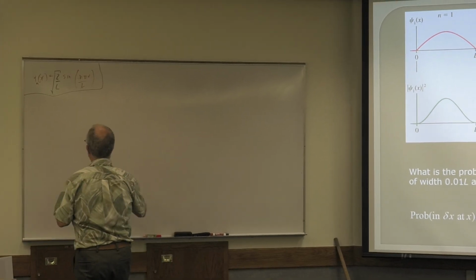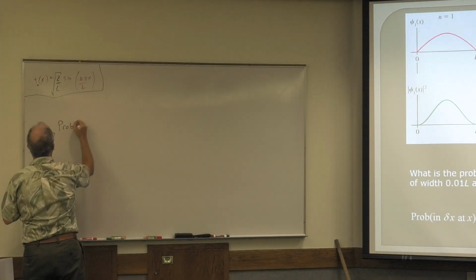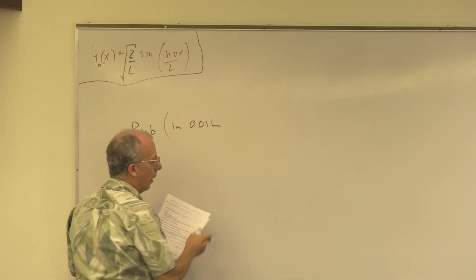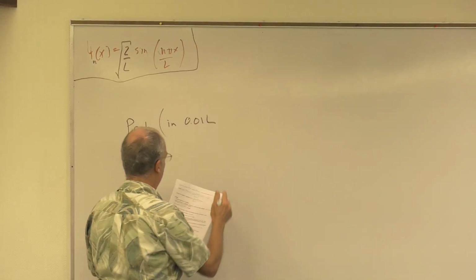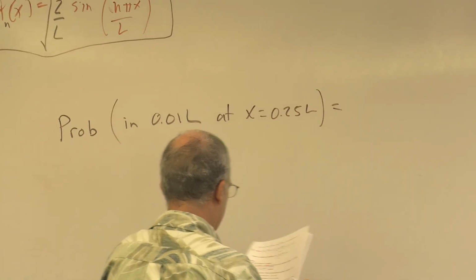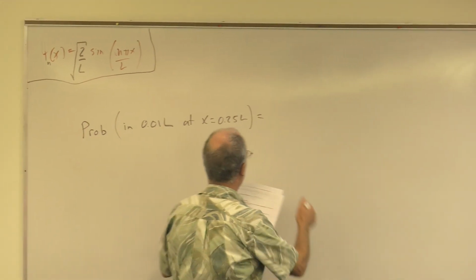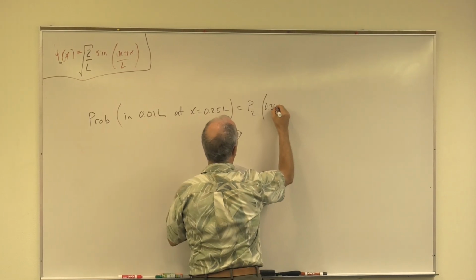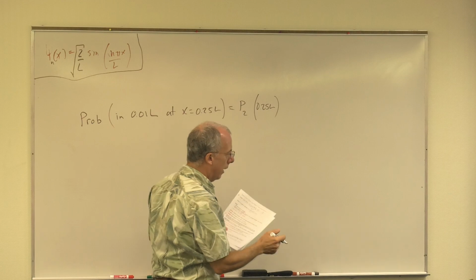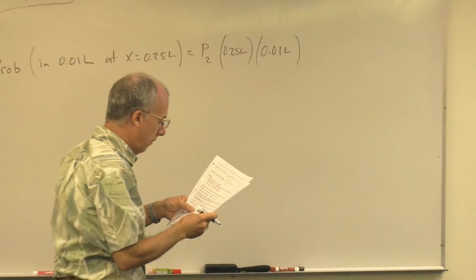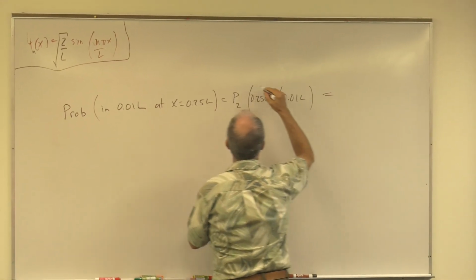So what we want is the probability that the particle lands in 0.01 L at x equals 0.25 L. And that equals, it's just the P2 state, so it's P2 at 0.25 L times our delta L, which is 0.01 L. All right, so that's what we have to do.